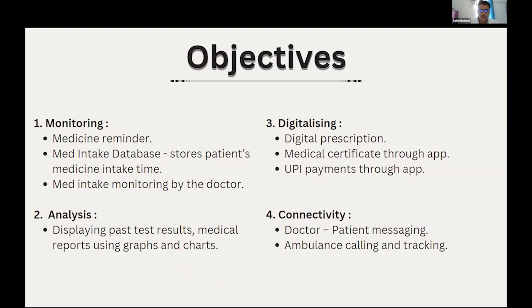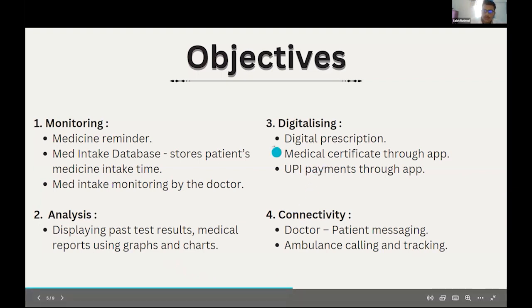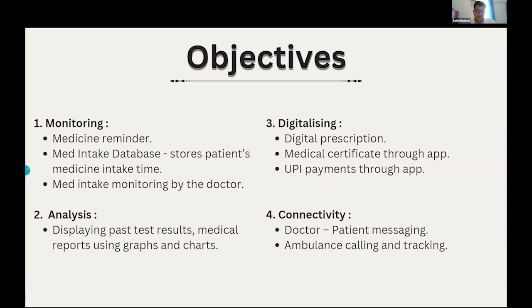It can be visually presented so that the patient has an idea of how his reports and his situation were 6 months ago, maybe a year ago. And yes, that's all about analysis. Then there's digitalizing, that is the digital filing system that I talked about.